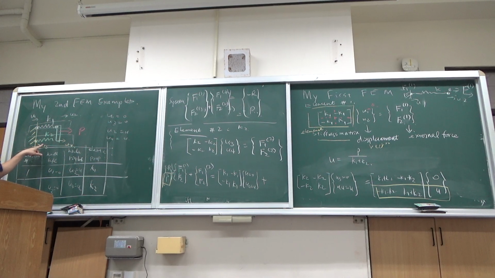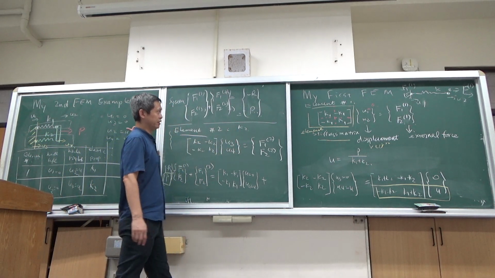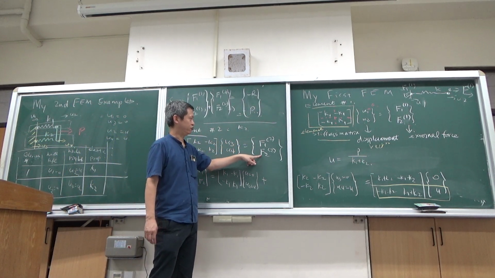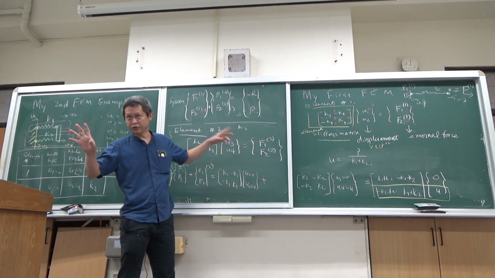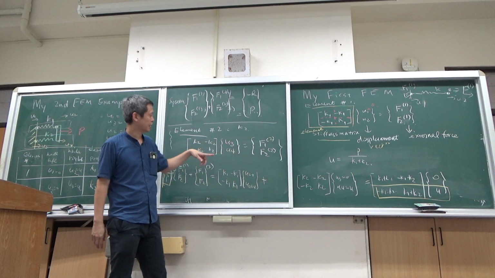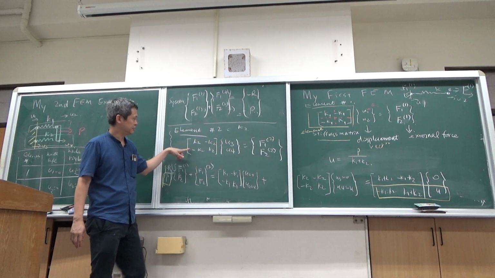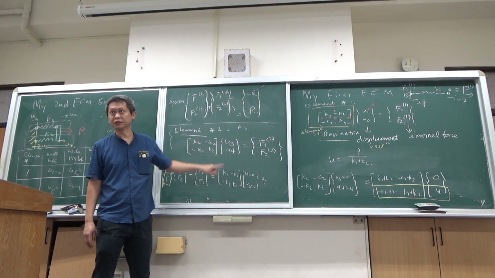The second element is the one at the bottom with node U3 on the left, node U4 on the right. Again, you have to write the force acting on the element F1, F2, but that external force, you don't do the component yet. You will do the sum later. But the element stiffness times U3, U4 is a standard procedure.